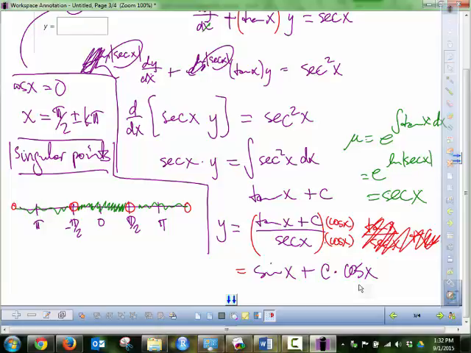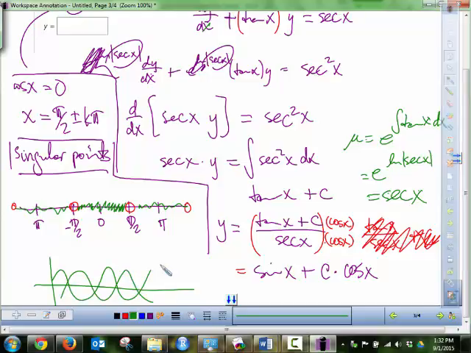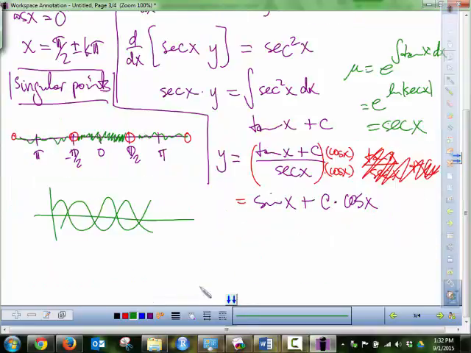None of them get squeezed down to 0, so if you had an e to the negative x or something like that, that would be a transient term. But in this case, your graphs would just be oscillating. So your terms would just be oscillating back and forth, and none of them shrink down to 0. So it looks like here in this case there's no transient terms.